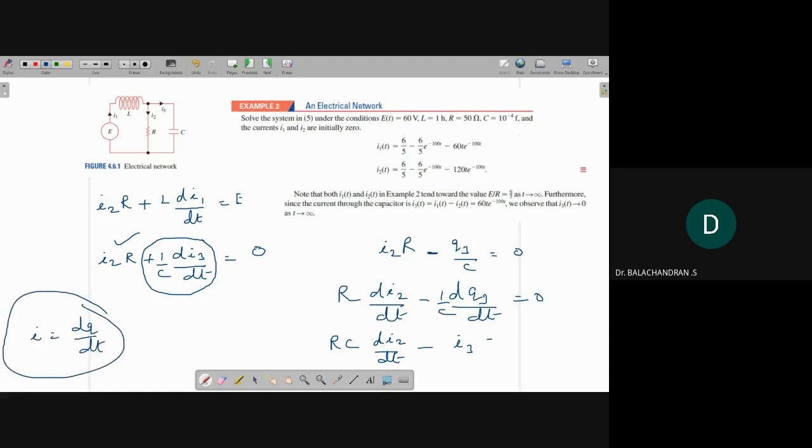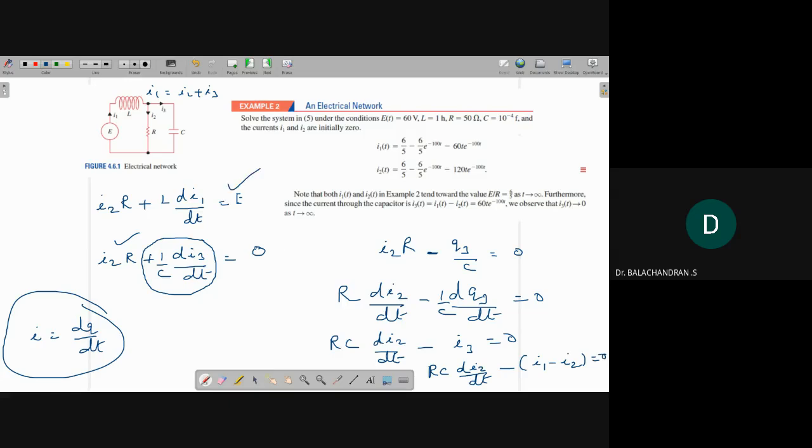So this is I3 equal to 0. But here I1 equal to what? I2 plus I3. So we know that the current I1 is split in this node into I2 plus I3. So instead of I3 you can rewrite, I will write here RC into di2 by dt minus of I3, which is I1 minus I2, equal to 0.